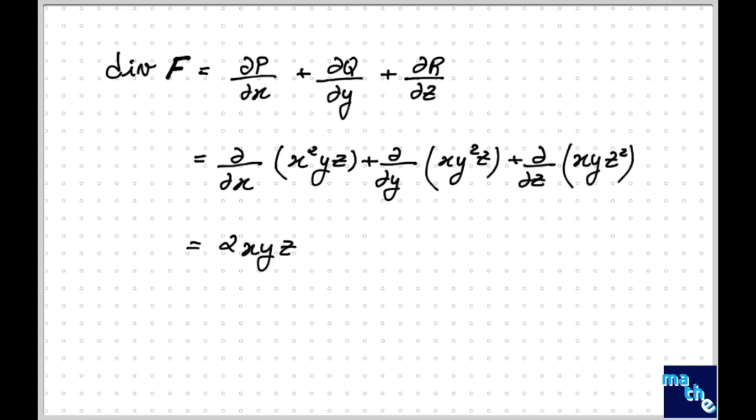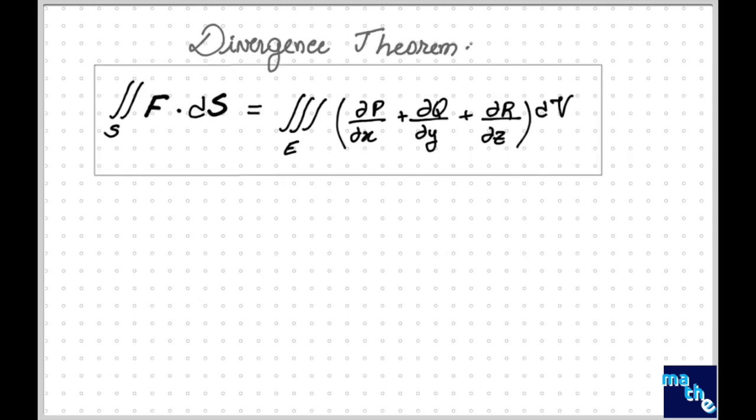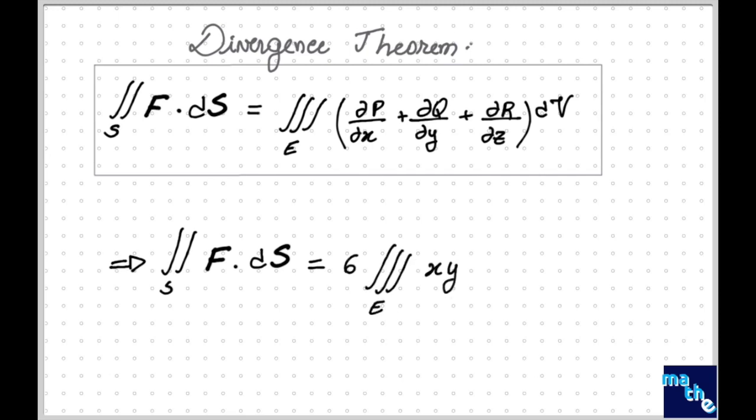We get 2xyz + 2xyz + 2xyz, which is 6xyz. Resorting to the divergence theorem equation presented in the theoretical explanation, we can say that the flux across S is equal to 6 times the triple integral over E of xyz dV.